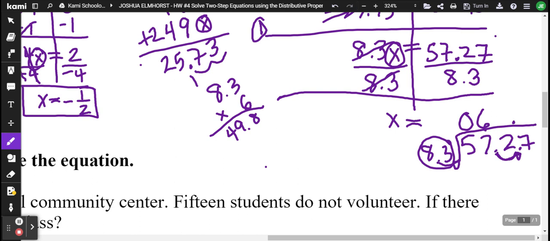We estimated that to be about 6 times, and then 6 times 83. Oh, we have to move it over because of the decimal place value. There we go. So 6 times 83 is going to give us 498.